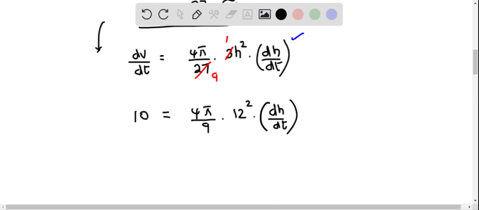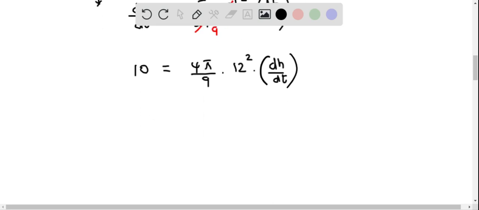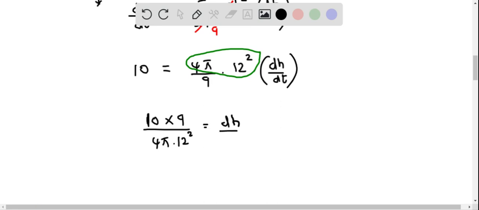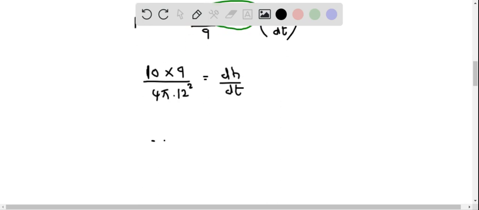This means we can now solve for dh over dt. Let me multiply both sides by 9 and divide by the expression 4 pi times 12 squared.